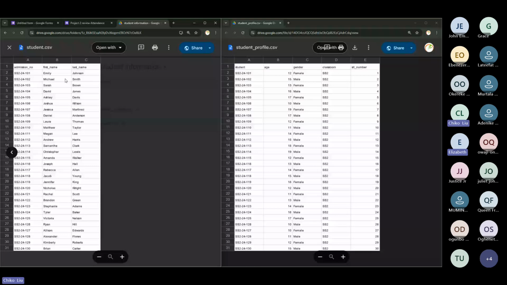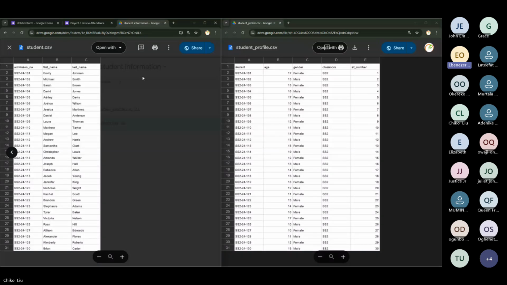So who can tell me, in these two tables, which one is the foreign key and which one is the primary key, in the left and right? In the right table, the student column is the primary key. That is interesting. Also, I think student number would be the best column to use.